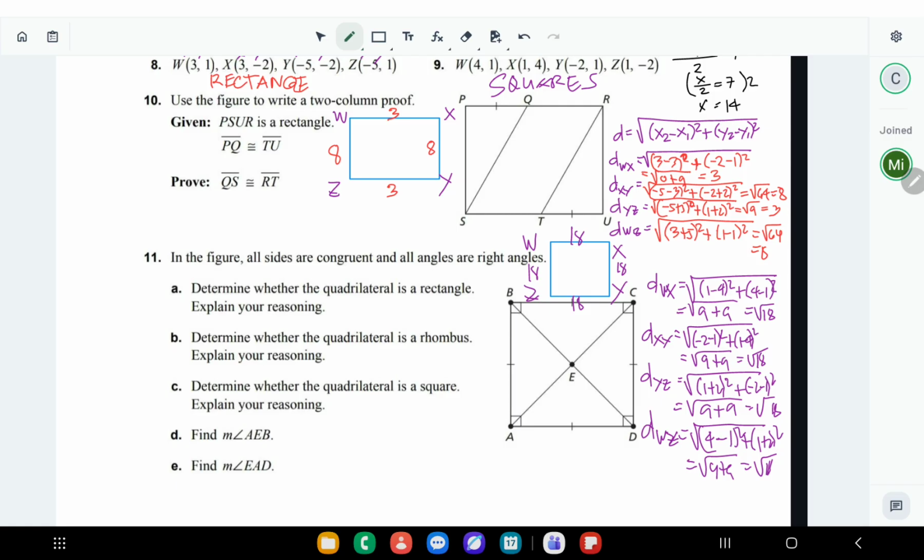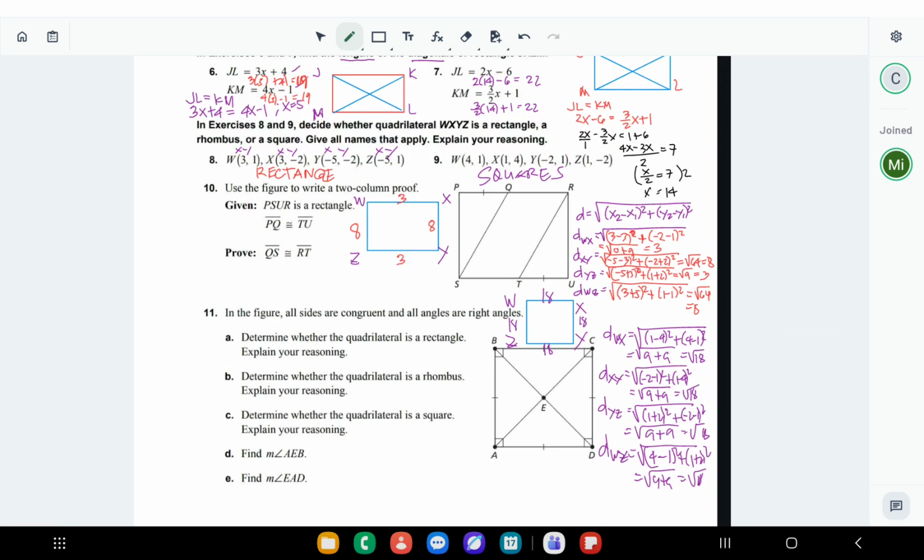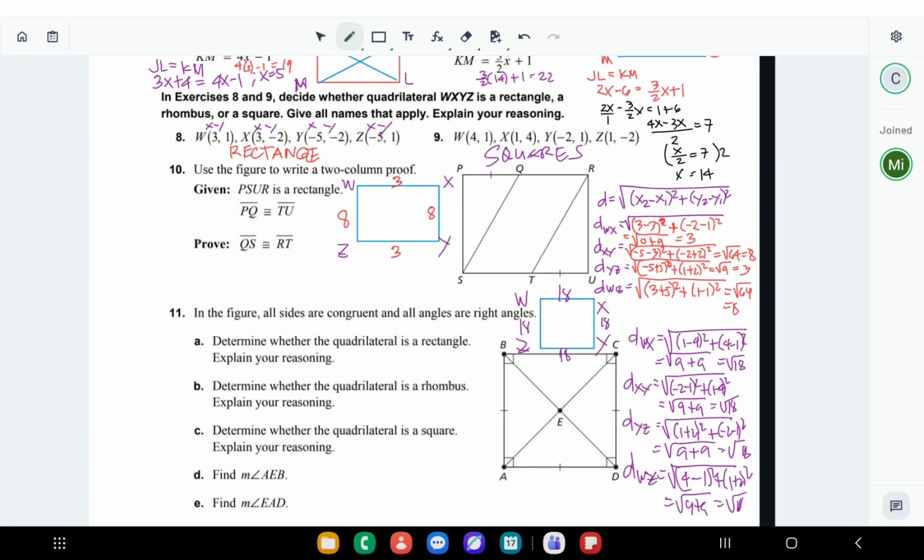Rhombus and squares, all four sides are equal, but for the rhombus, the opposite sides are parallel. To prove whether it's a rhombus, a rectangle or a square, number 8 is obviously a rectangle. For number 9, it can be a square or a rhombus.